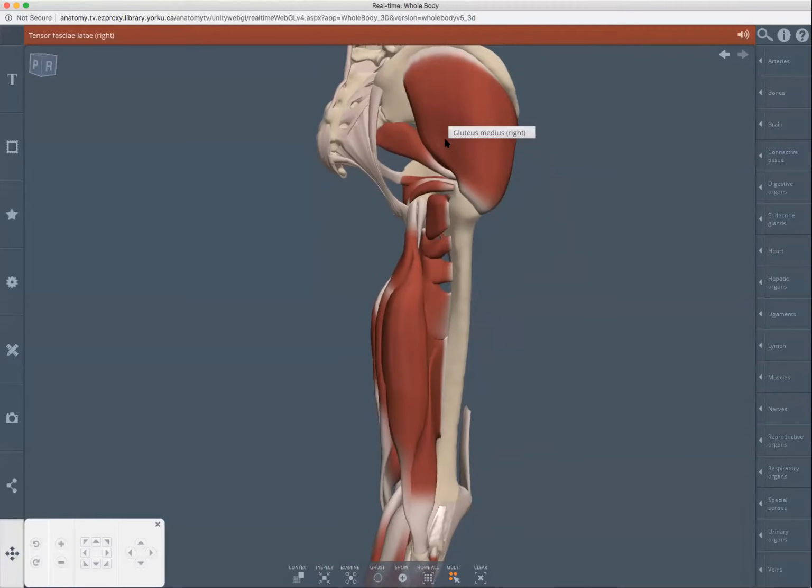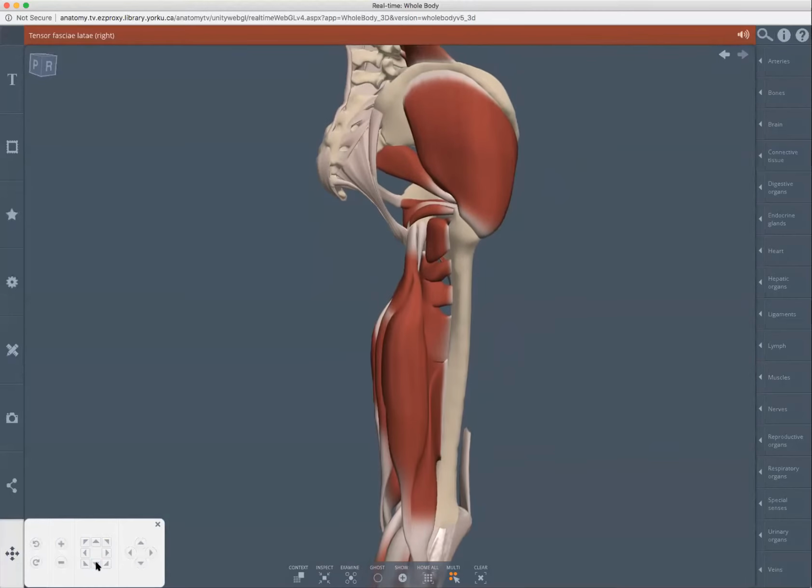Deep to gluteus maximus, you have your gluteus medius. I want you to note that gluteus medius goes right up to that iliac crest on the posterior side. The reason that's important is for identification on a test, or in real life.